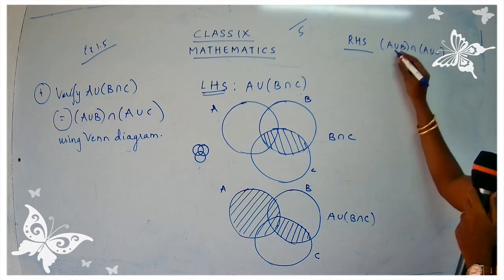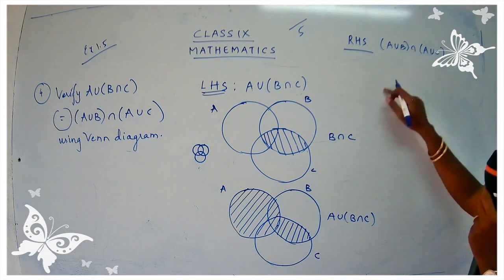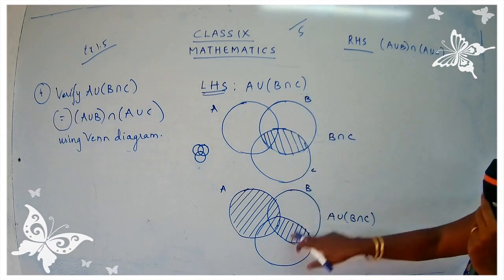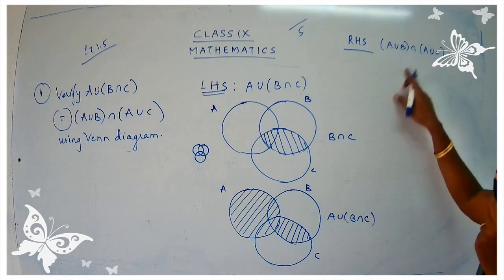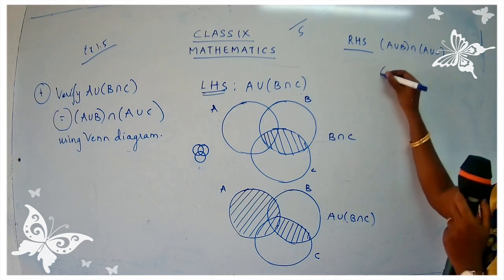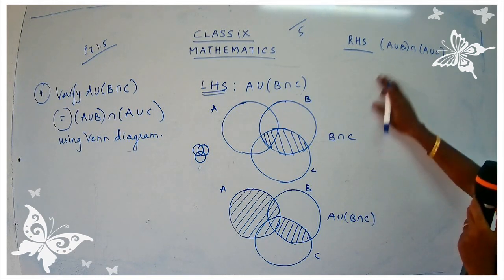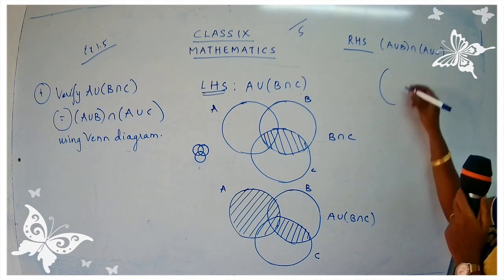So anyway, don't just think that only 2 sets are there. Whenever you deal with these 3 sets, you have to draw the figure like this. You have to draw a Venn diagram with 3 sets. I'll just draw bigger. You just get ready with the figure, children.